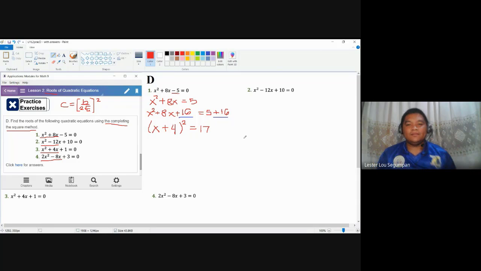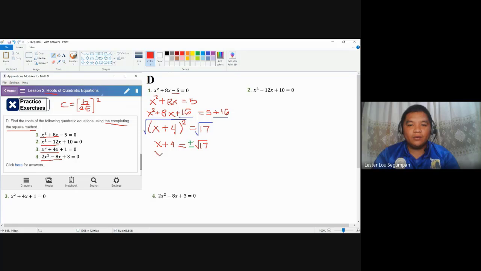Looking at this process, this will use the first method of solving roots, which is taking the square root of both sides. So x plus 4 is equal to, when we take the root, always consider positive and negative, square root of 17. Then we subtract both sides by 4.